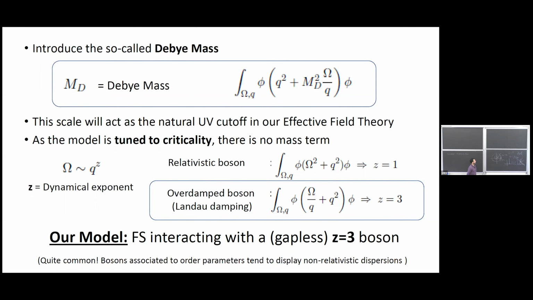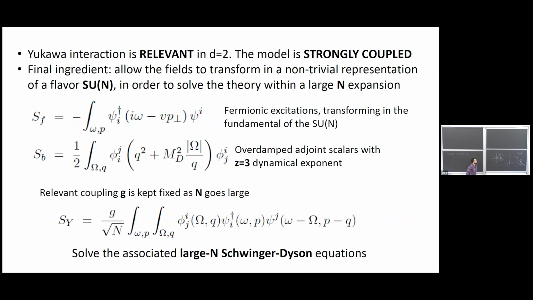And let me just comment that these non-relativistic bosonic modes are pretty common in the case where there are some other parameters fluctuating near a quantum critical point. Finally, we have a problem because the system as it is, is strongly coupled.